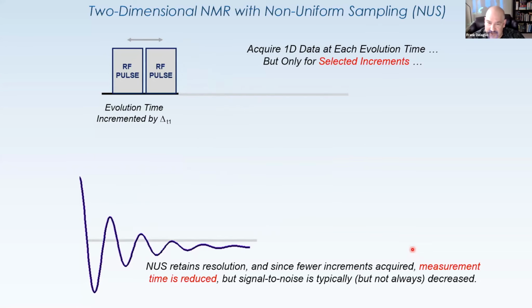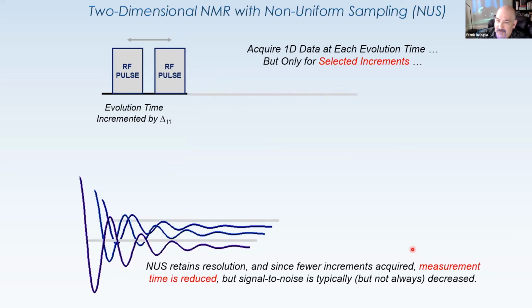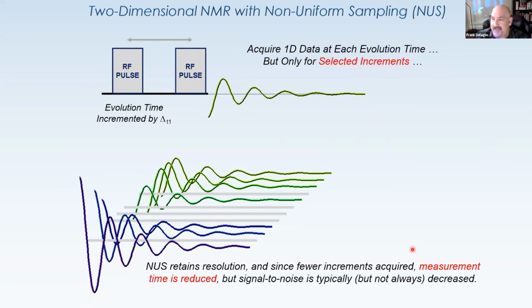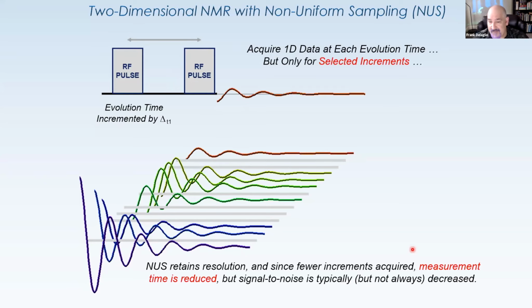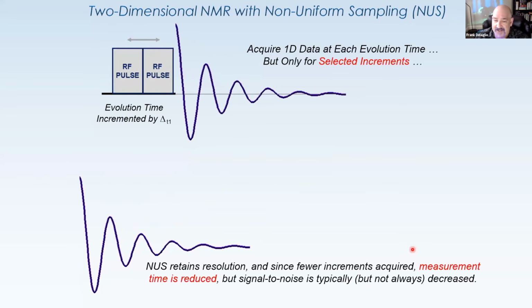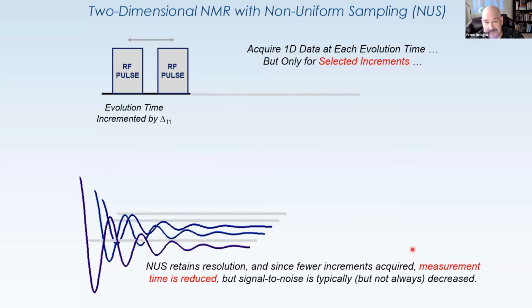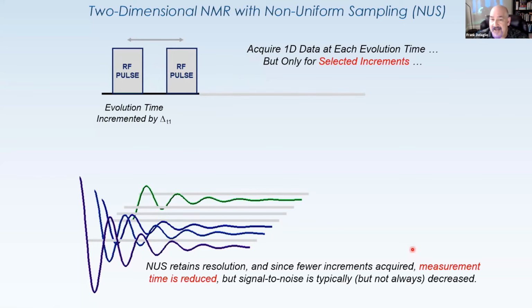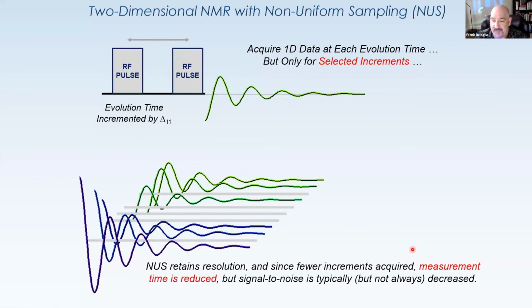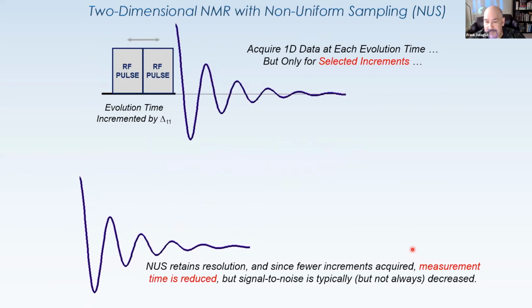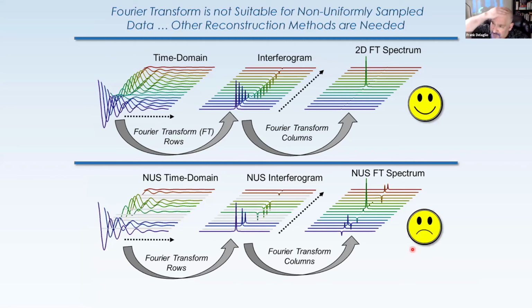So that's in contrast with the directly detected dimension, where the amount of measurement time required is just the duration of the measurement. And so if we want to shorten the experimental measurement time of a multidimensional experiment, one of the ways that we can do this is by simply skipping over some fraction of the 1D measurements that we would make in the course of a multidimensional experiment. So that will decrease the measurement time, but as we will show, it will conserve the maximum achievable resolution.